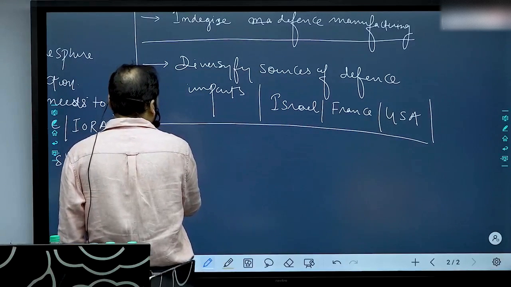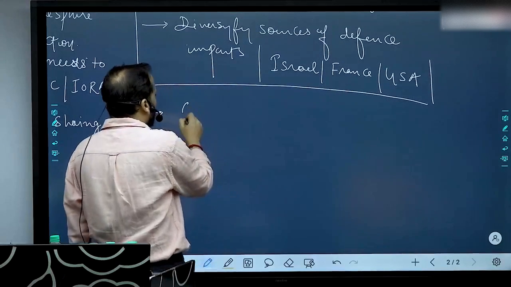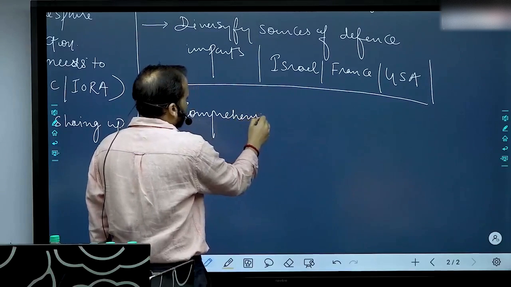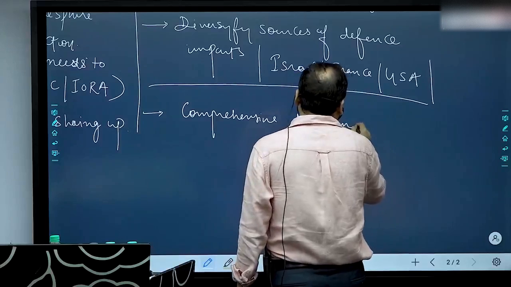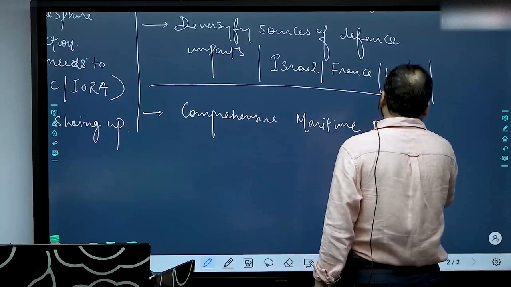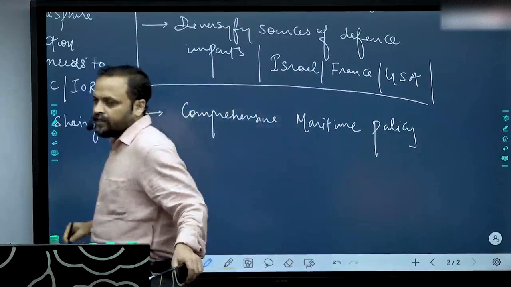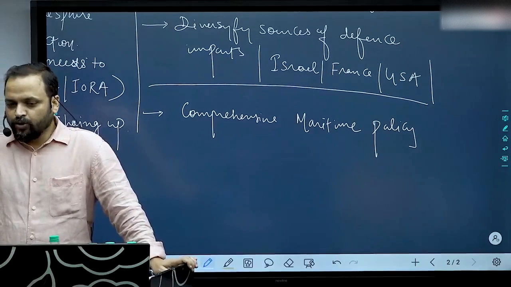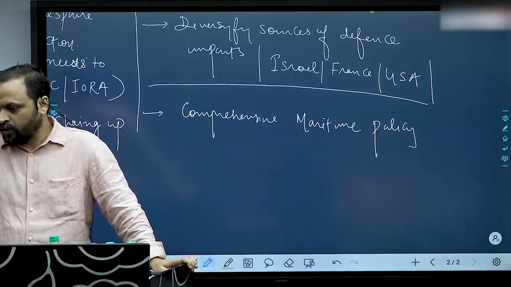Then we need to come up with a comprehensive maritime policy, which means managing the affairs of the oceans is not only the task of the Navy. We have naval documents, right?